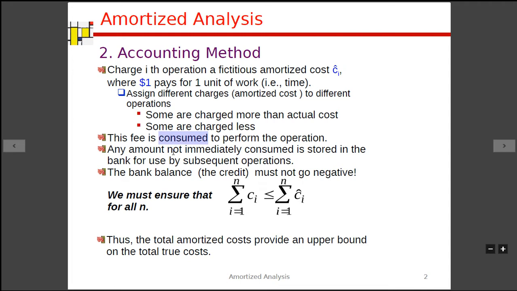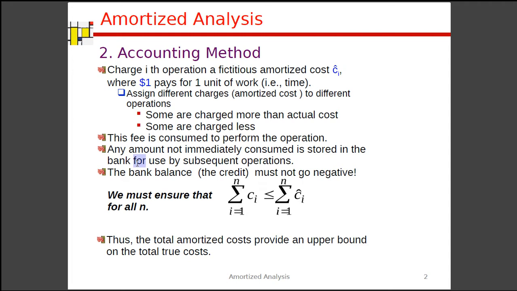In case any amount is not immediately consumed, it is stored in the bank for use by subsequent operations. That means if some amount of the overestimated charge is left, that remaining balance will be used for further operations. It's like a bank balance or a credit, so that should not go negative.